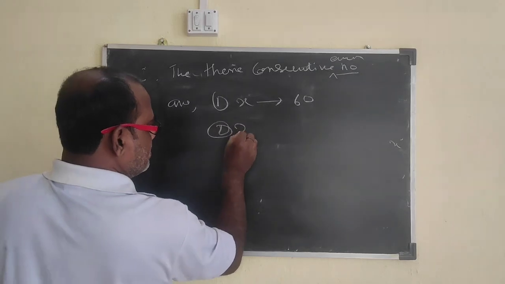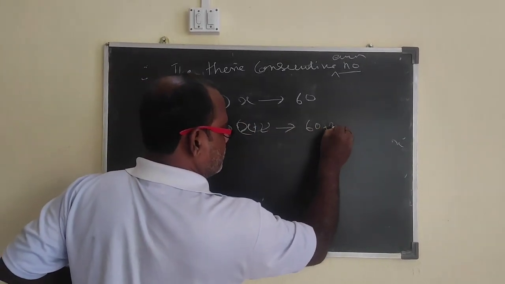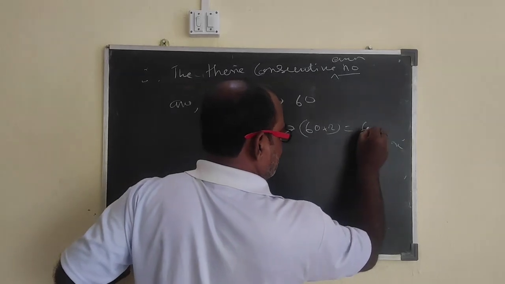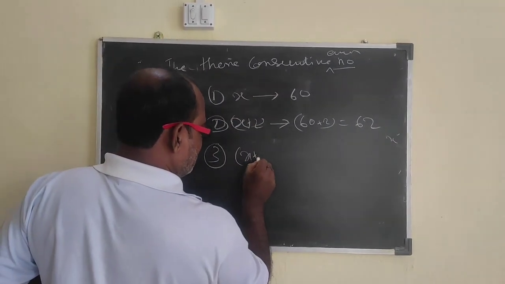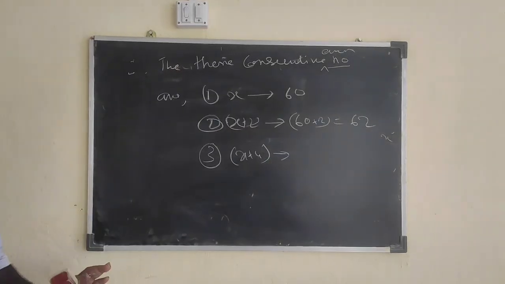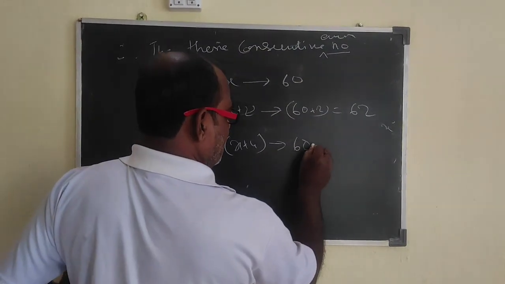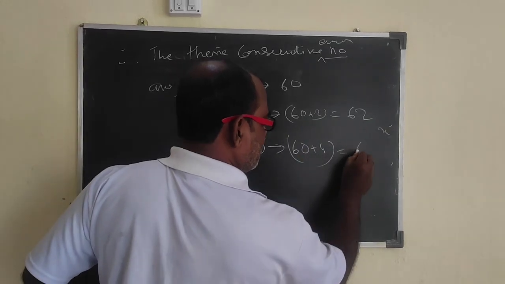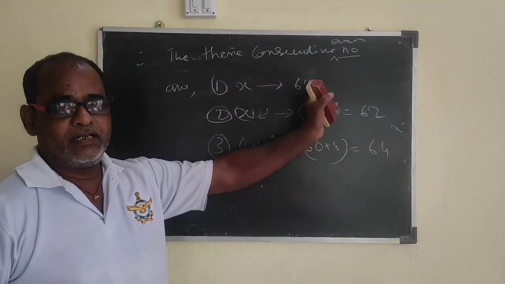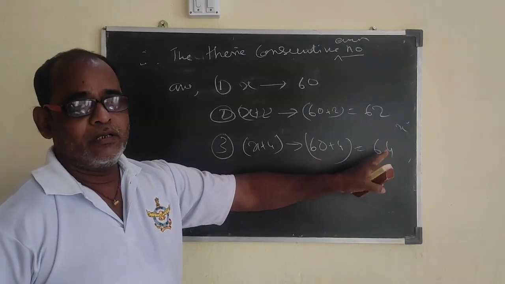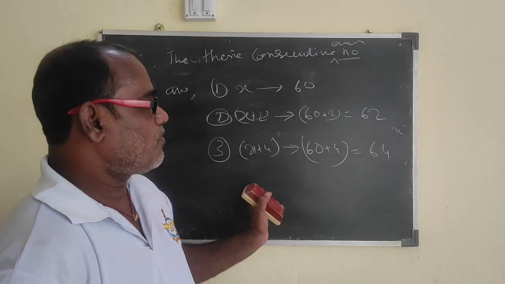The second is x + 2, which is 60 + 2 = 62, and the third is x + 4, which is 60 + 4 = 64. If you add them up, you get the sum 186. In this way you can judge whether your answer is correct or wrong. Okay, let us go with the next question.